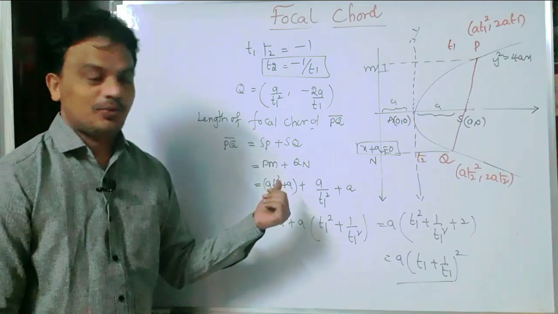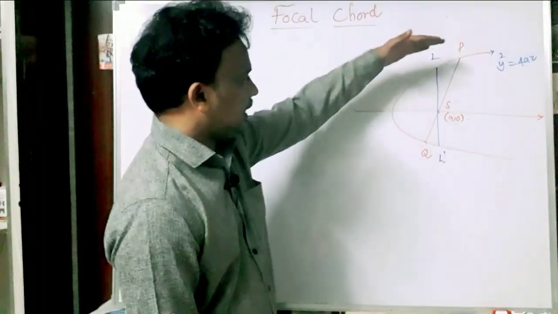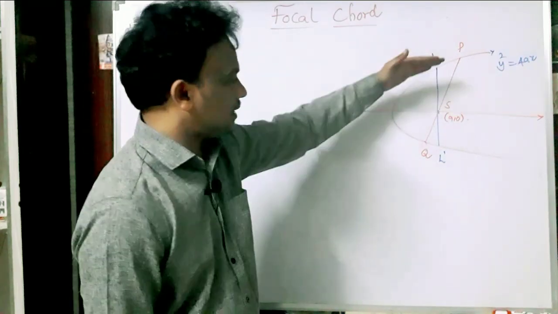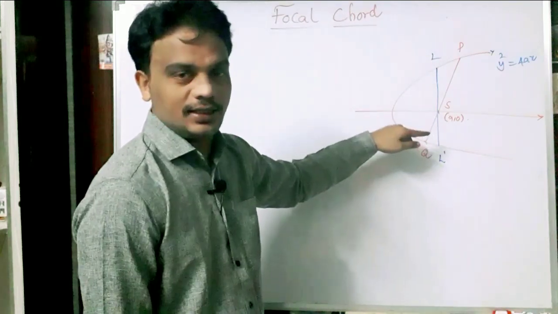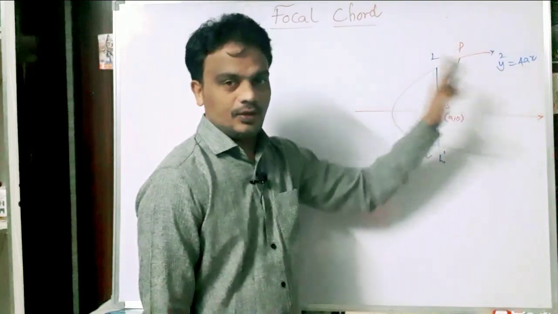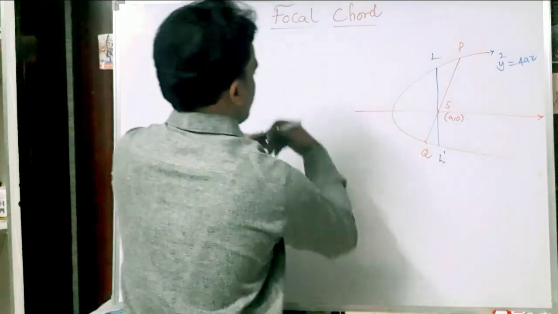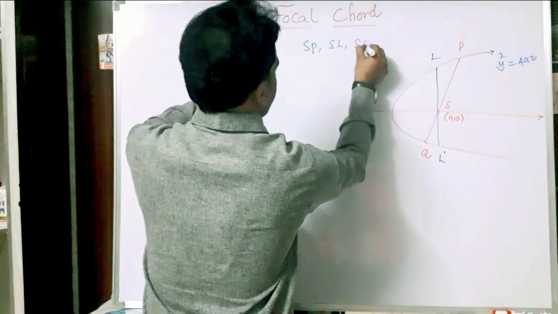We will discuss one more point about the focal chord. If PSQ is a focal chord and L dash is the latus rectum whose length is 4a, then what is the relation between the three line segments SP, SL and SQ?